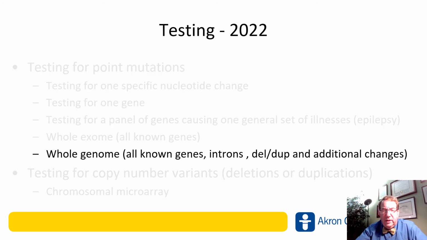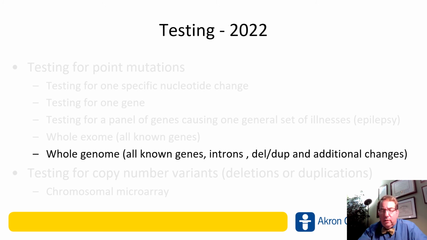And what this slide predicts is that pretty soon, and it may not be 2022, but maybe 2025, genetic testing may be replaced by whole genome testing that will be very cost effective at looking at everything genetically.